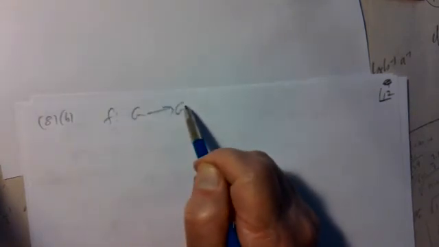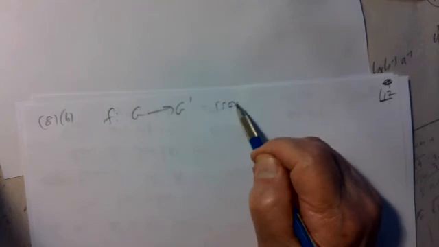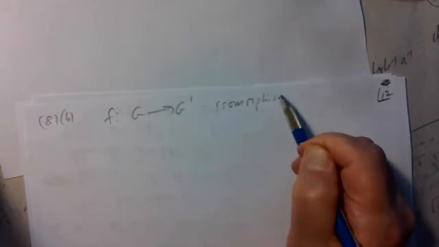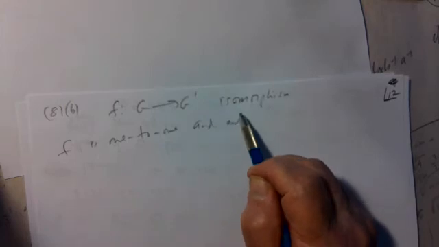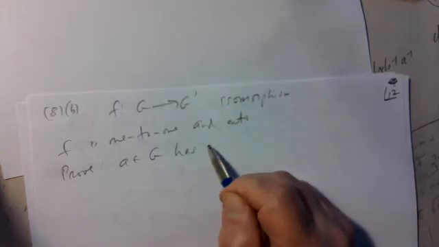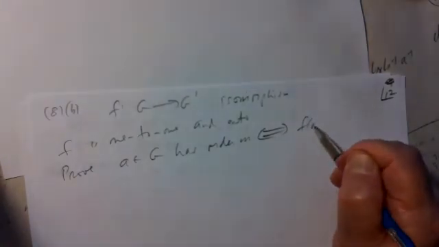So now we're told that this homomorphism from G to G prime is actually an isomorphism. So that means F is 1 to 1 and onto, as well as being a homomorphism. And we want to prove A in G has order m if and only if f of A in G prime also has order m.